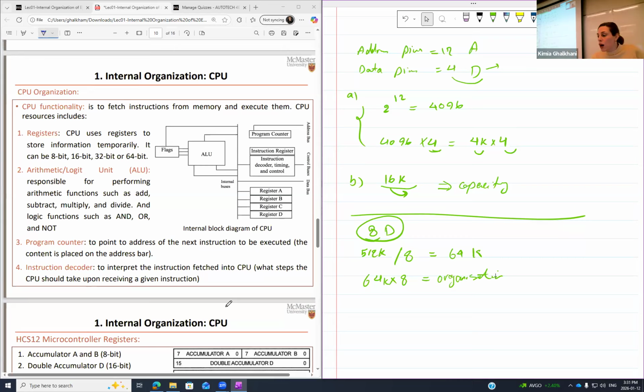Inside the CPU alone, we have lots of registers. When I say the term register, I'm expecting everybody to be familiar with it. Why is that? Because during the lab, remember, I said inside the microcontroller we have different ports. For the one in the lab, we had port P, port T, port S, and port H, 4 ports.